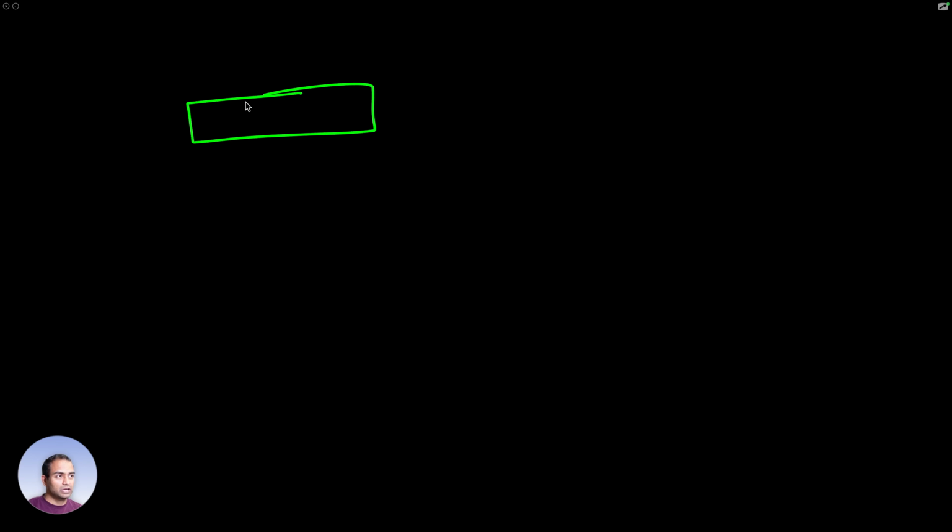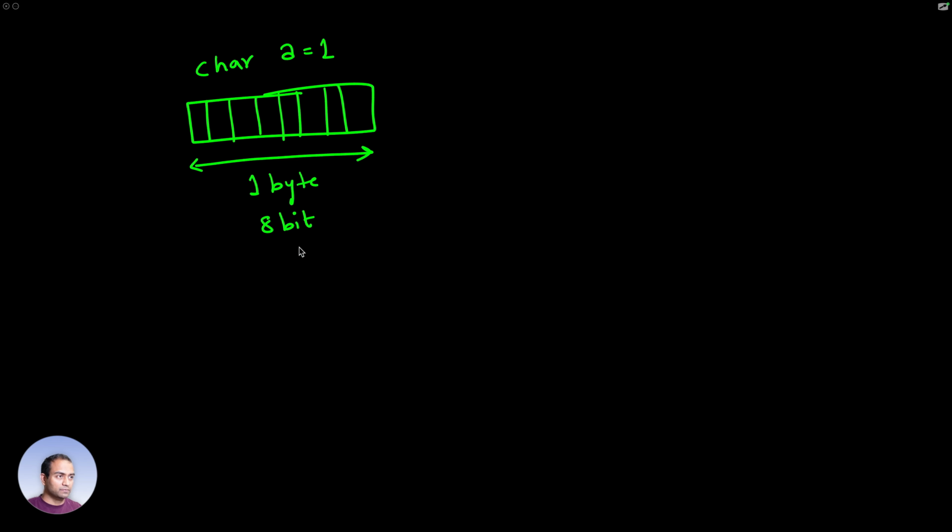So we mentioned that if we are talking about a char, let's say a equals 1, then first off, a character is 1 byte long, which means there are 8 bits. And we mentioned the range is -128 to 127, which can be represented as -2 to the power 7 to 2 to the power 7 minus 1.